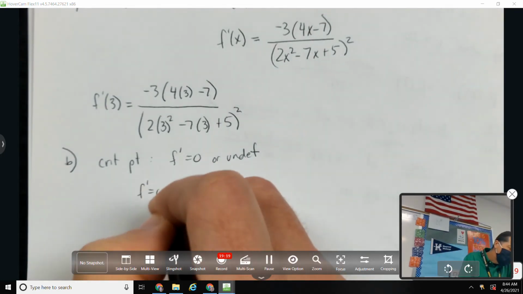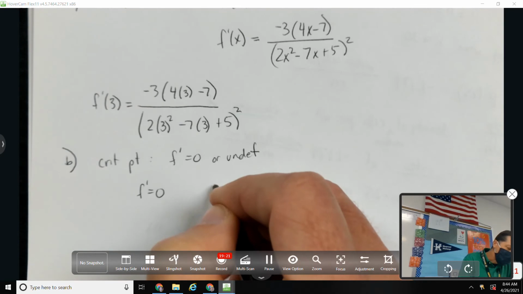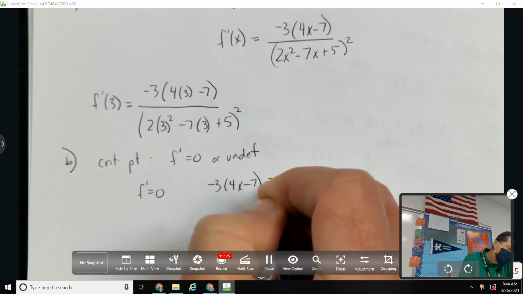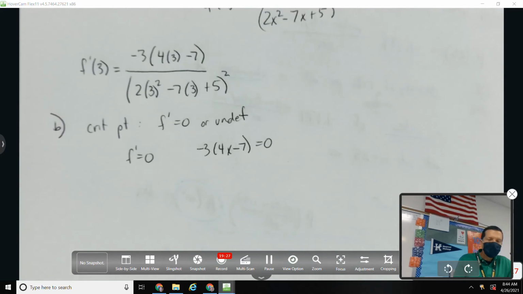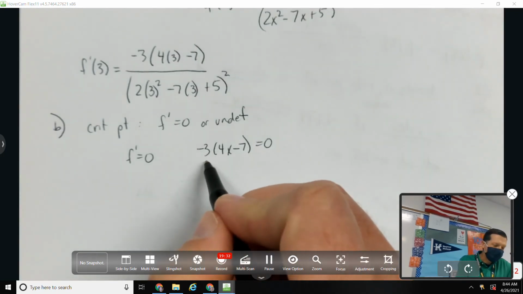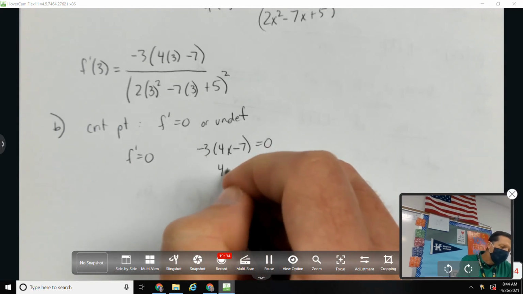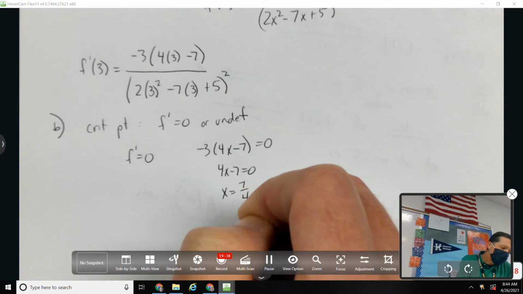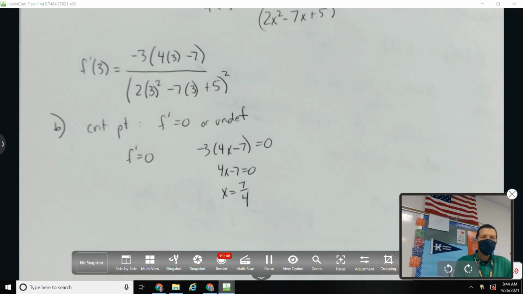So f prime equals 0 when the top is equal to 0. So the negative 3 wouldn't give me anything, right? I can't set that part equal to 0. Set 4x minus 7 equal to 0.